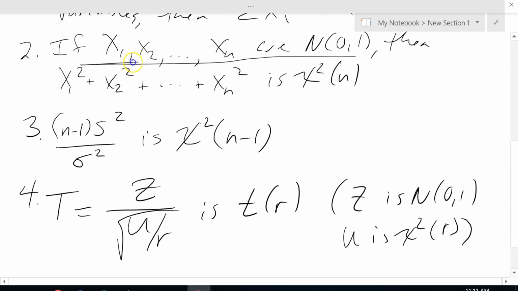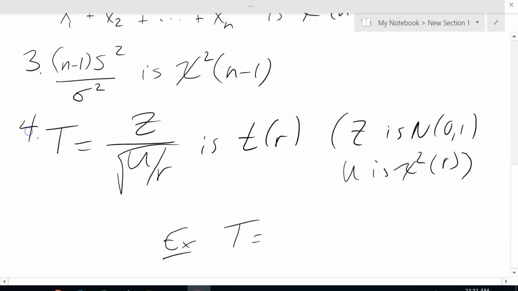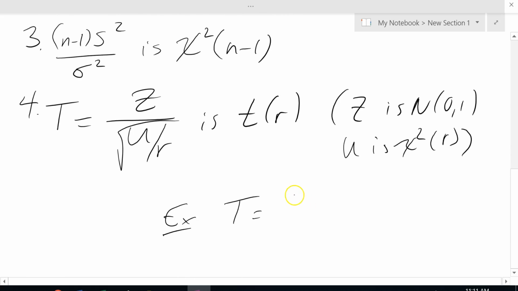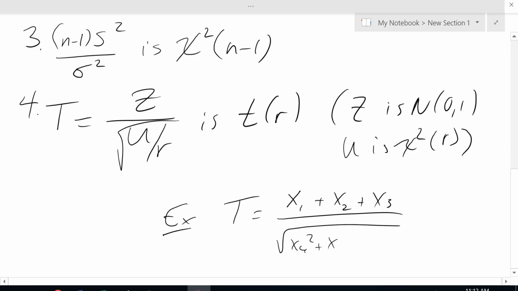Let's say our T is x1 plus x2 plus x3 over the square root of x4 squared plus x5 squared plus x6 squared plus x7 squared.